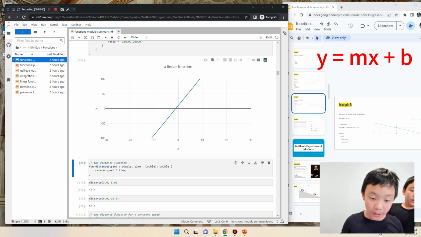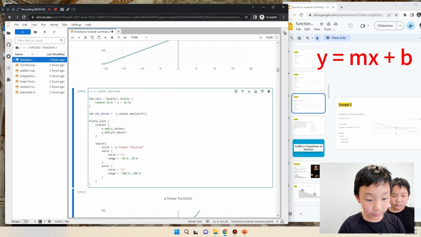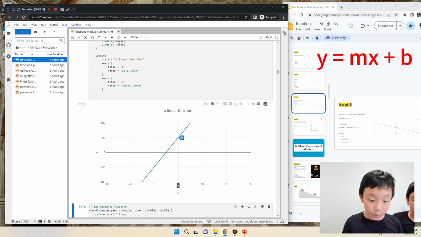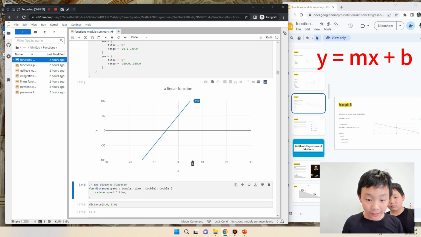The straight one up here is the y-axis, and that is the x-axis. We can change this to say 50. As you can now see, it intercepts on 50. It's rotated by 10, and it intercepts the y-axis on 50.